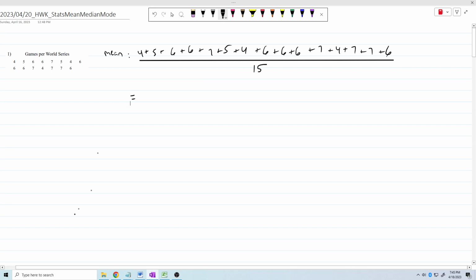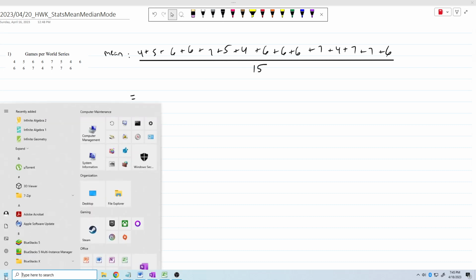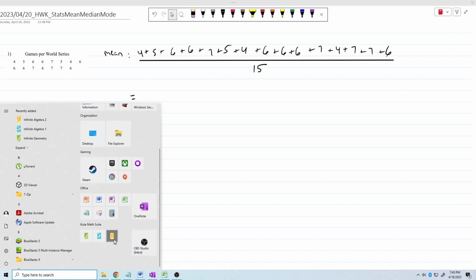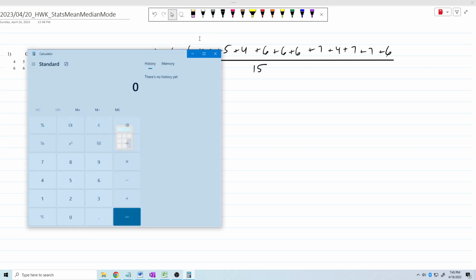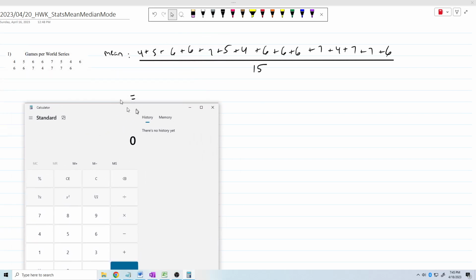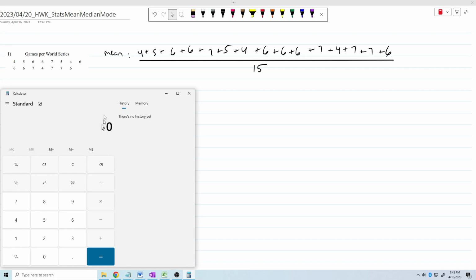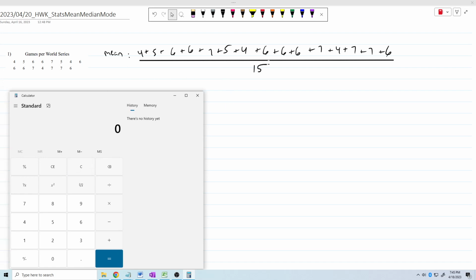I don't mind if you use a calculator here, as long as you set it up properly. That's the most important thing.